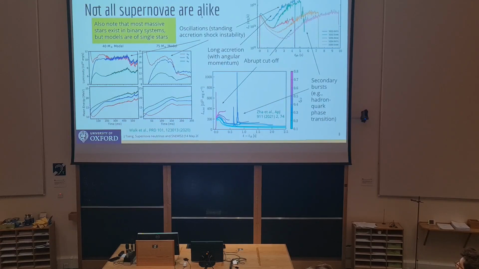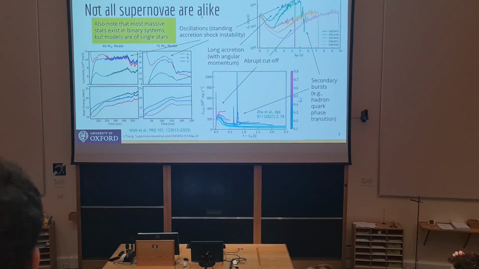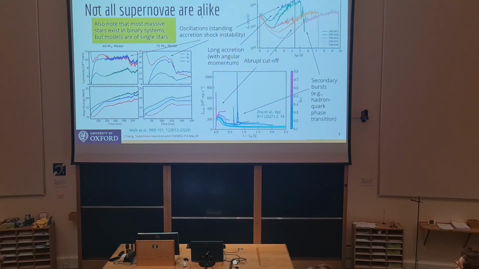Of course, there are variations with the progenitor mass. Here you have 40 solar masses, and then 75 solar masses, and you do get more energy coming out of the more massive star, not a huge surprise.